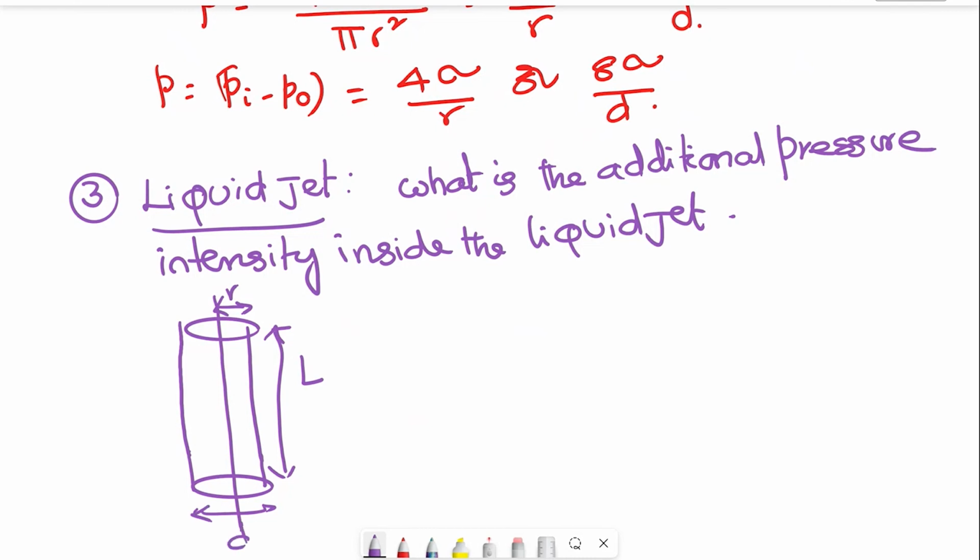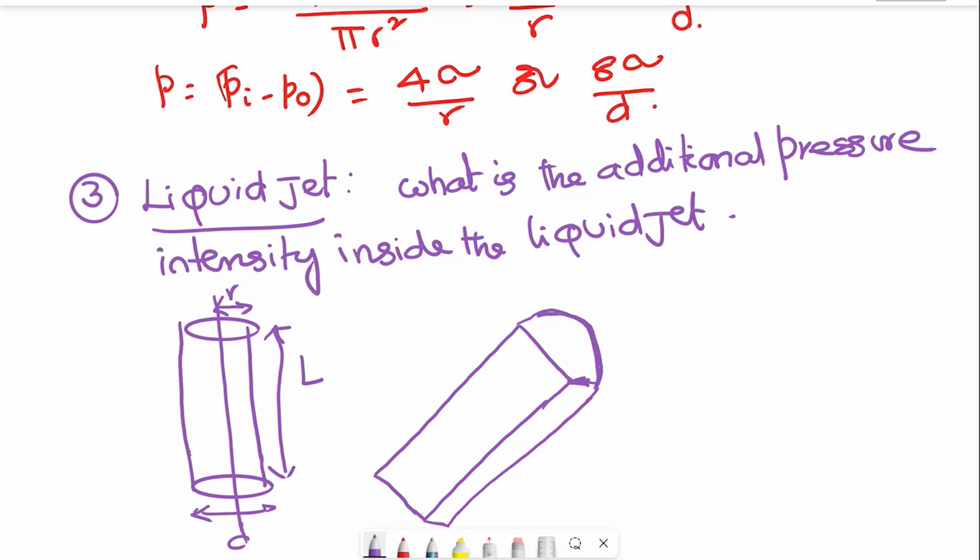If I take one half of it, cut vertically, how does the pressure act inside? This is how the pressure acts on the projected area.